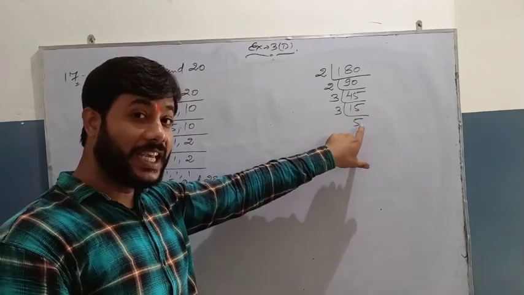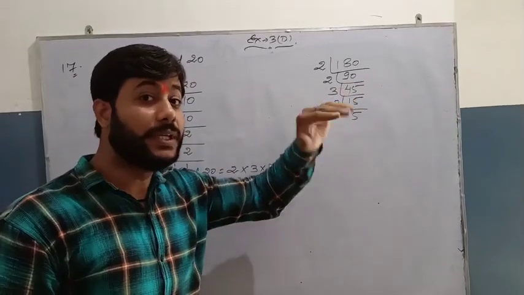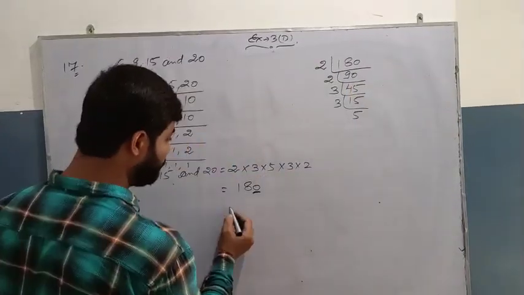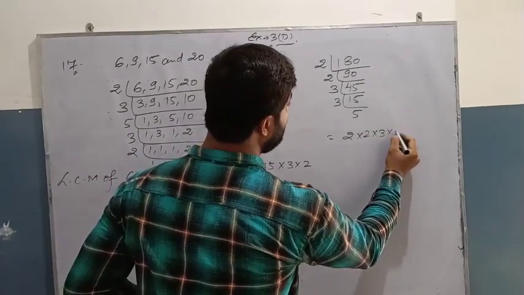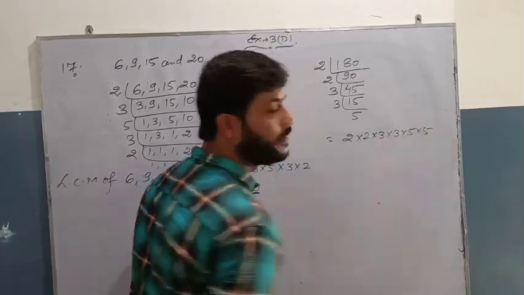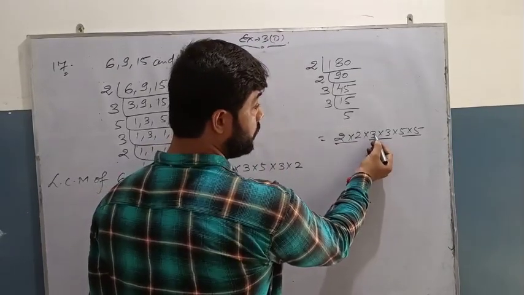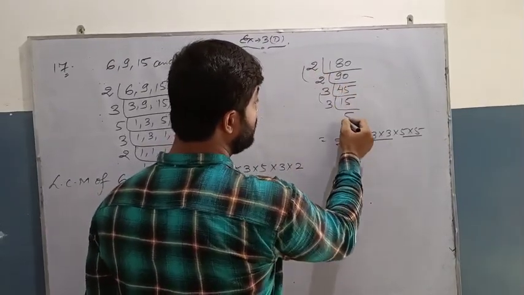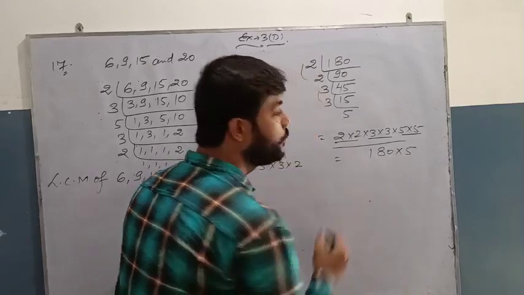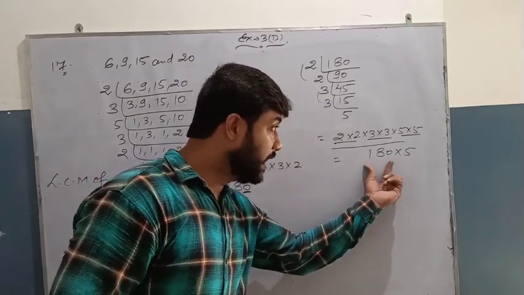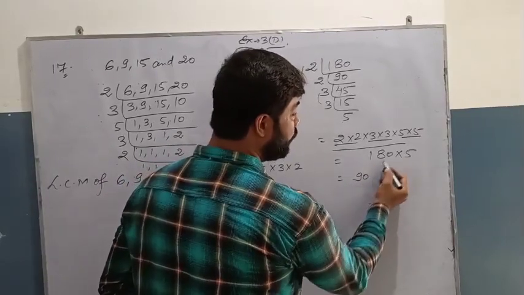So once we multiply 180 by 5, it will be a perfect square. How? We will see. Here we will see 2 into 2, 3 into 3, and 5 into 5. What do we get? 2 to the 4, that is 2 into 2, 3 into 3, and 5. Here we are getting 180, and that is multiplied by 5, right? 180 into 5: 18 5s are 90, and 1 zero is here.